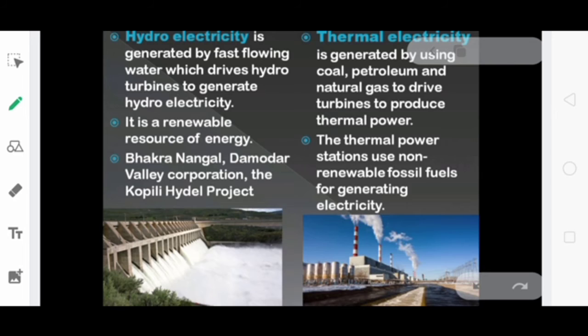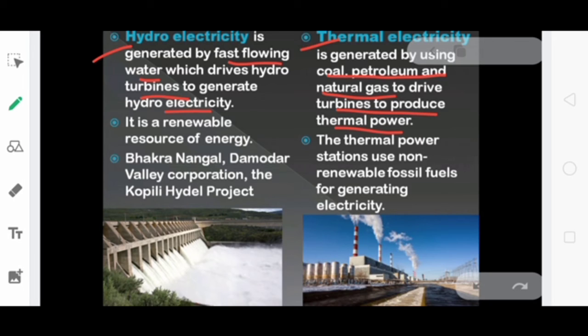And there are two types of electricity: hydroelectricity and thermal electricity. Hydroelectricity is generated by fast flowing water which drives hydro turbines to generate hydroelectricity, like in dams. And thermal electricity is generated by using coal, petroleum and natural gas to drive turbines to produce thermal power.